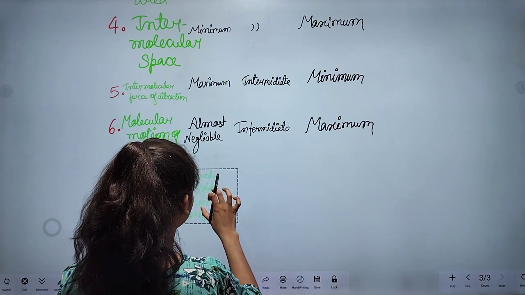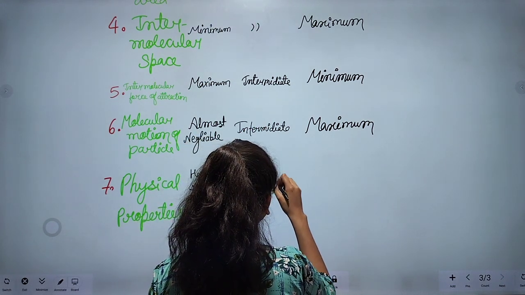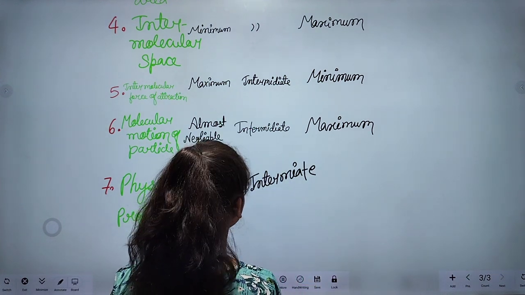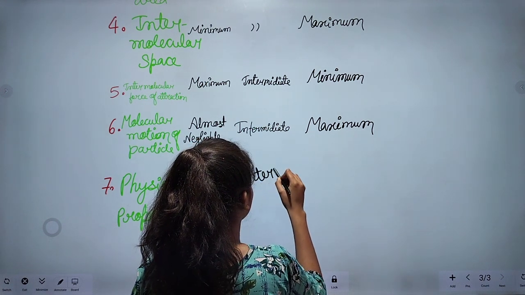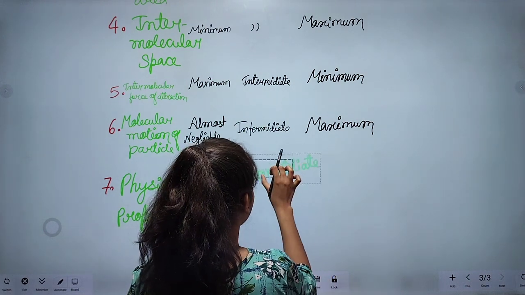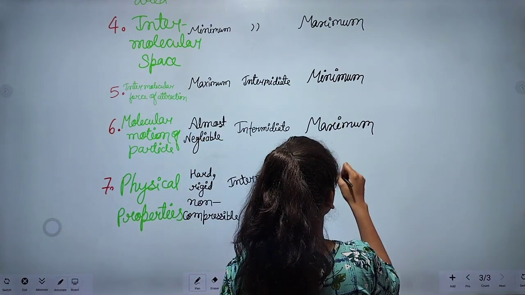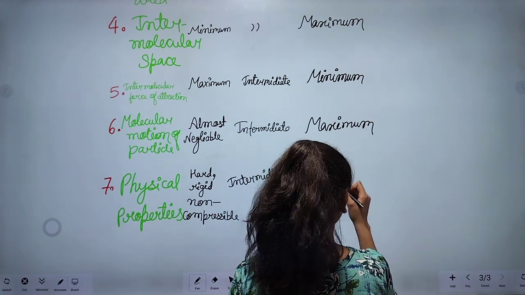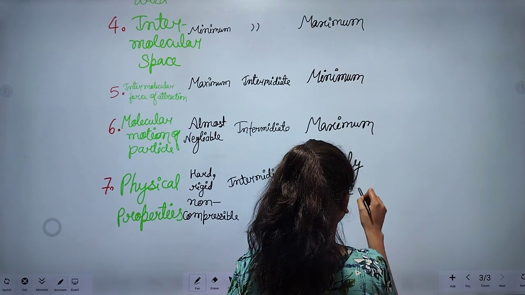And what are the physical properties of liquid? It is intermediate between solid and gas. Okay, and this one is loosely packed. Loosely packed.